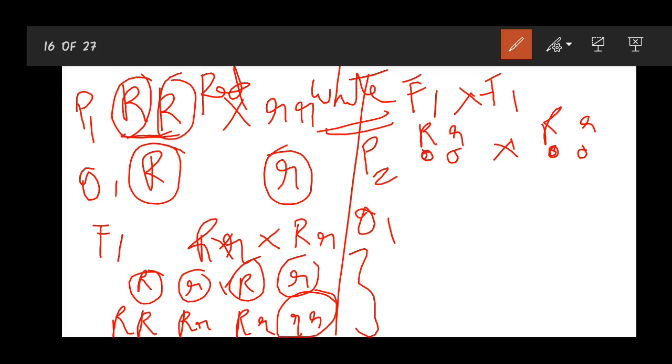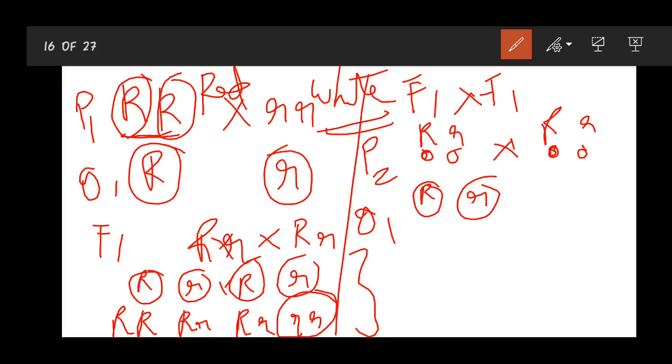If these are discrete particles inside the cell, you can separate them into two different cells or into two different gametes during gamete formation. So what happens here is this capital R will be separated and small r will be separated.